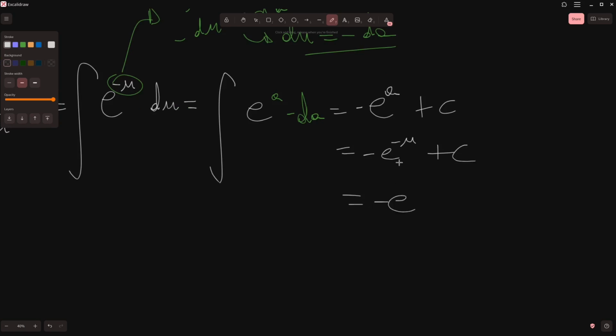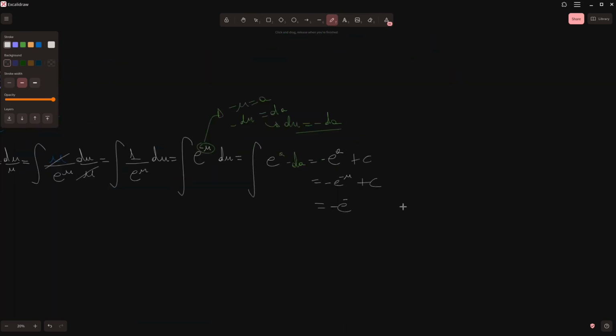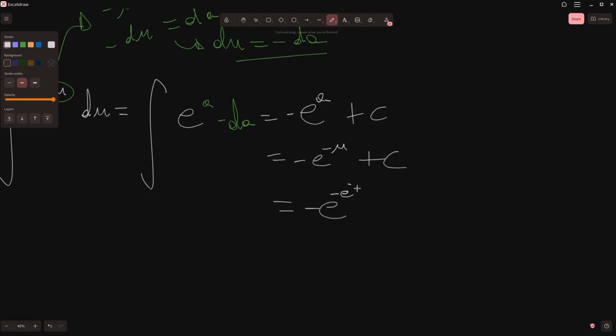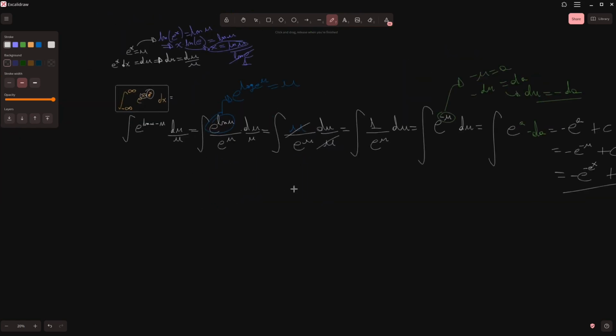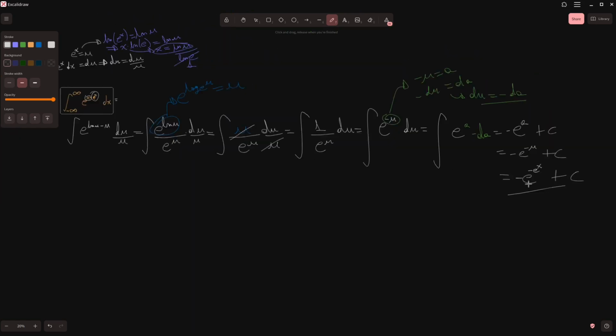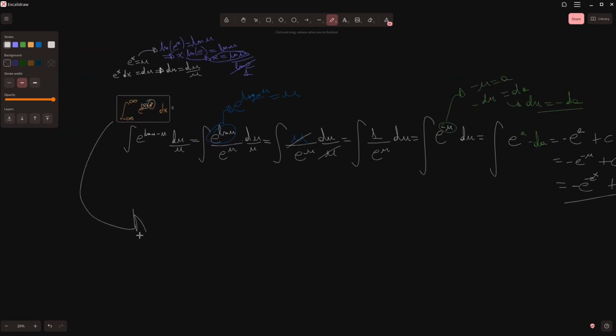This should be e to the u, which is e to the x, and that should be the integral. So we're going to apply the limits to solve this original integral. So that is, let's continue here.